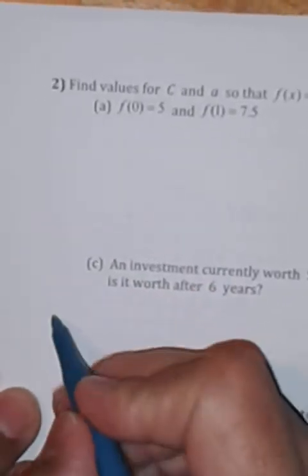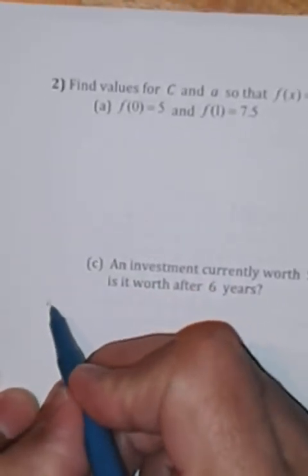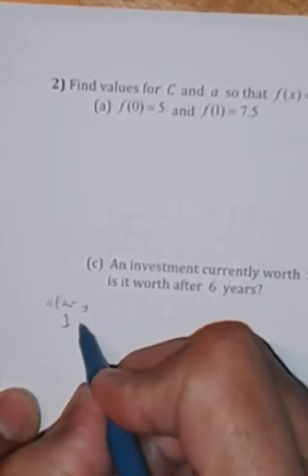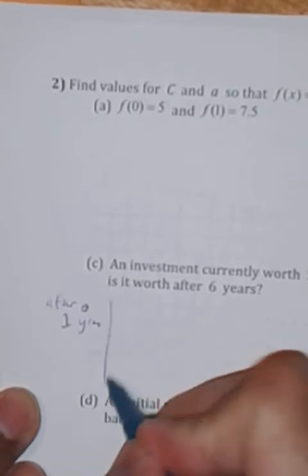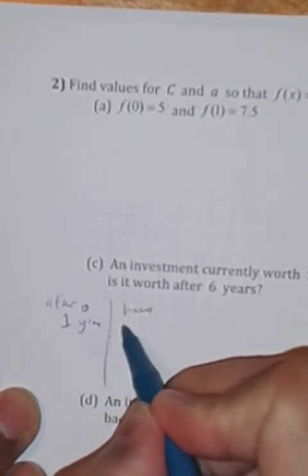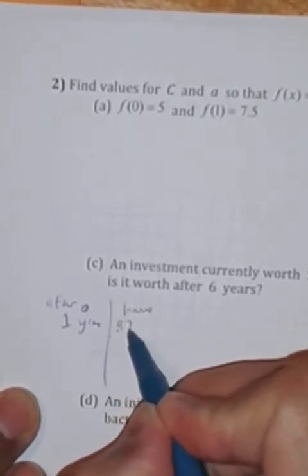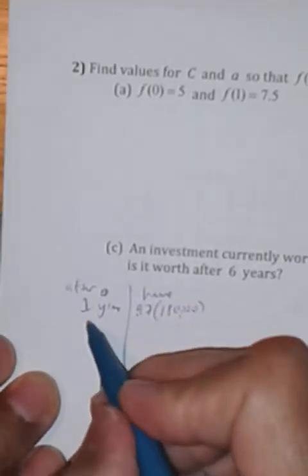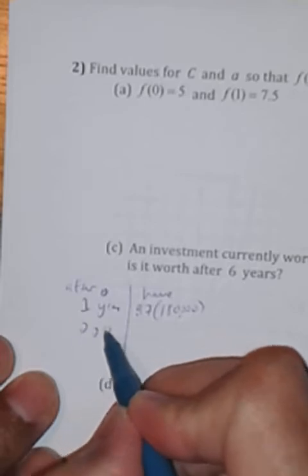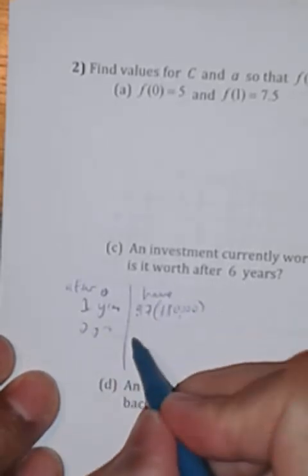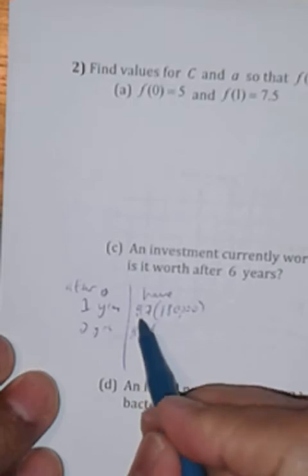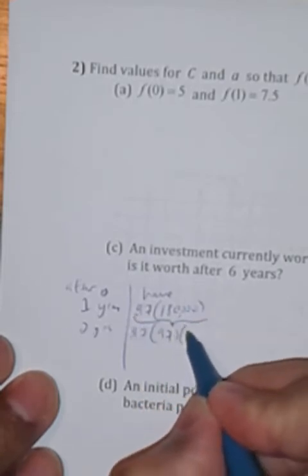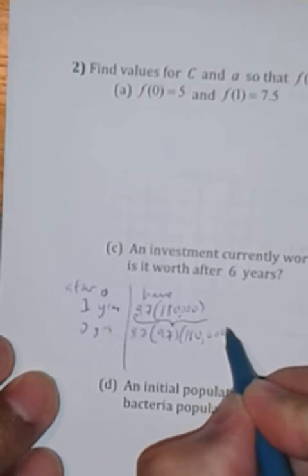So after 1 year, you now have 97% of 180,000. Let's make a little table here. After 1 year, you have 97%, which is 0.97 times 180,000. After another year, you only have 97% of what you had before.